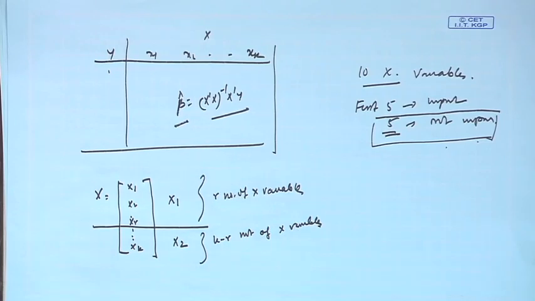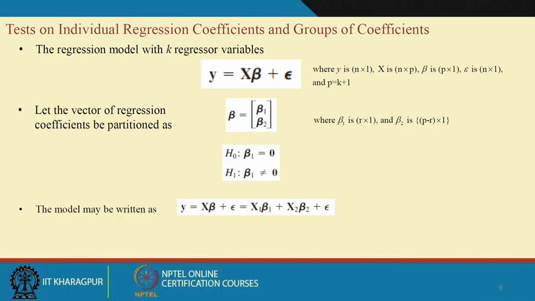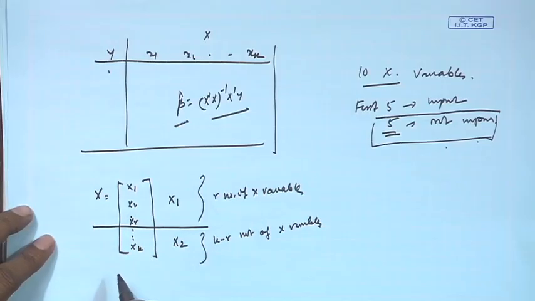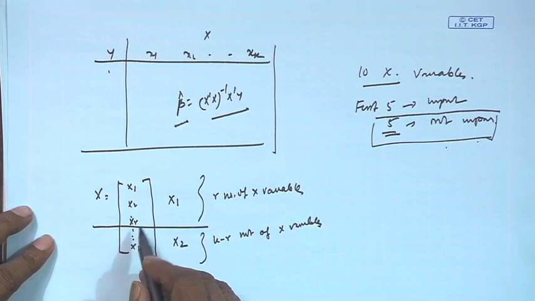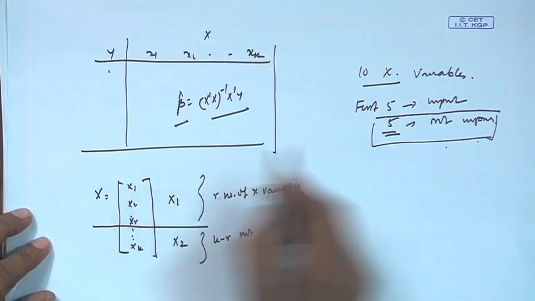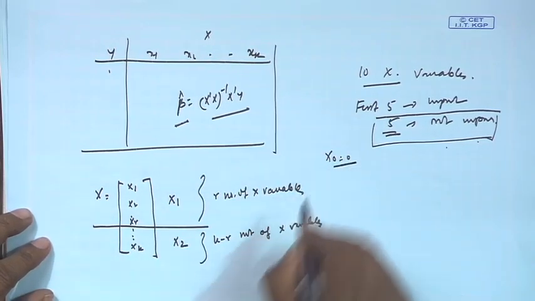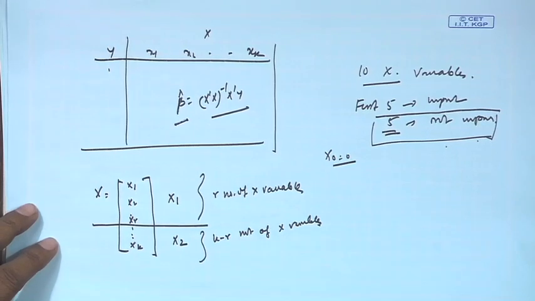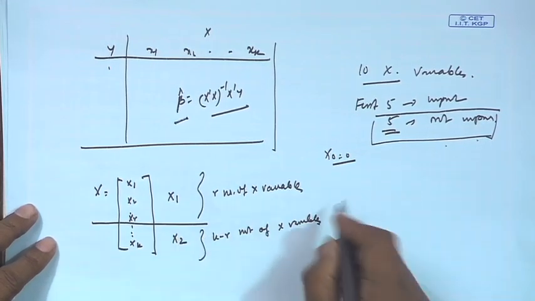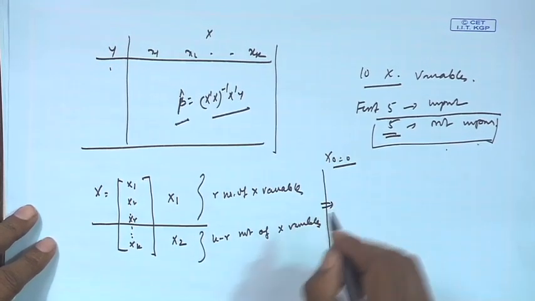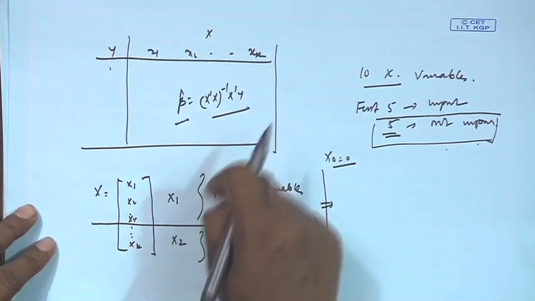But please remember there is x0 also, which is 1 all the time. So, this partition from the beta point of view we can write, just one will be added.